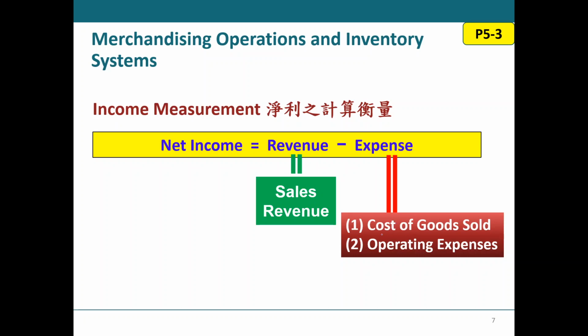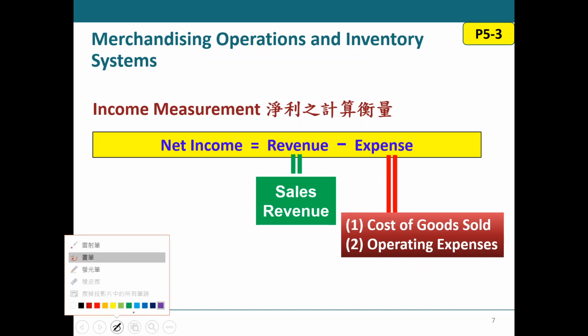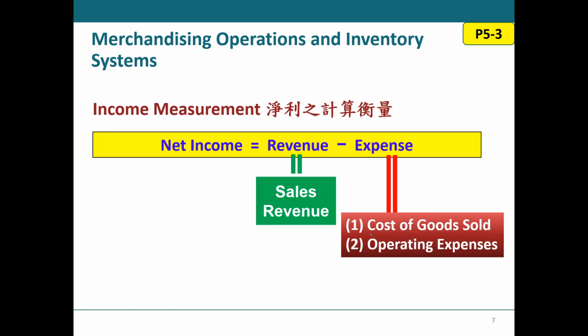So the first group we call cost of goods sold, 销货成本. This is quite a difficult term for some students, so you should be very careful and pay attention to it. Cost of goods sold, 销货成本. This is your group 1.